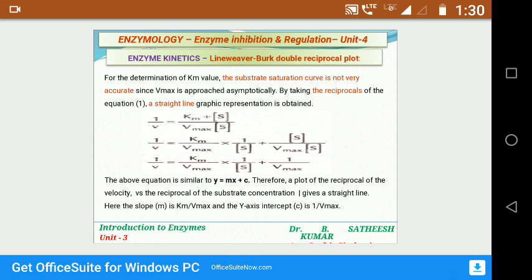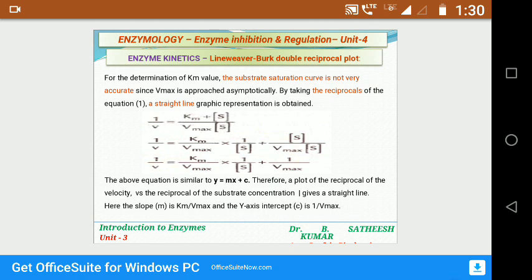So for V we will have 1 by V, and Vmax S by Km plus S. So if we write 1 by Vmax S by Km plus S, then it becomes Km plus S by Vmax S. Vmax S comes down and Km plus S goes to the top.